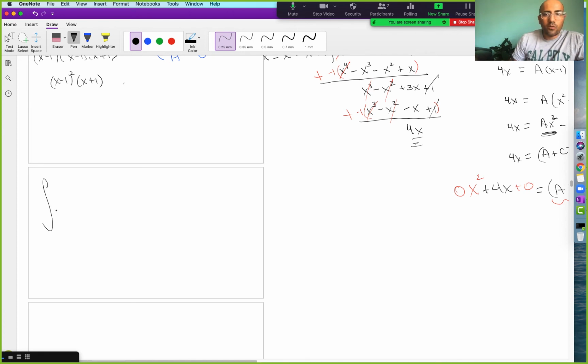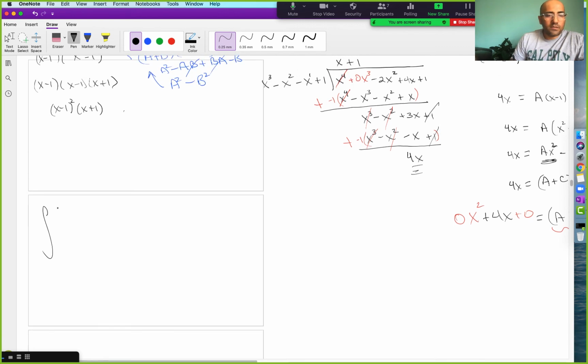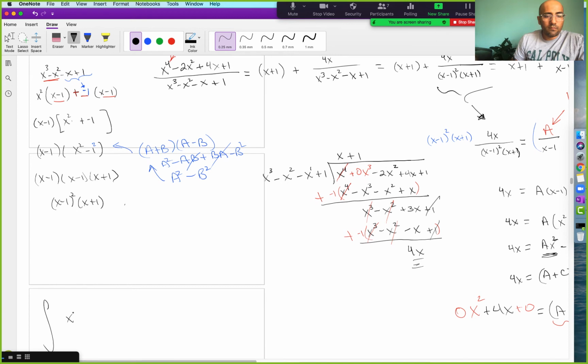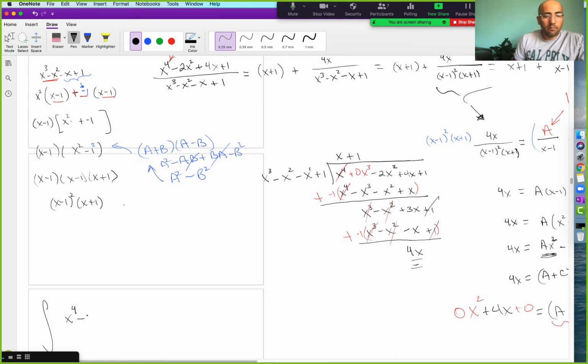Okay, so I need the integral of, and this is going to be equal to x to the power of 4 minus 2x squared plus 4x plus 1, that whole thing, divided by x to the power of 3 minus x squared minus x plus 1 dx. We're like, okay, that's too complicated, too ugly.